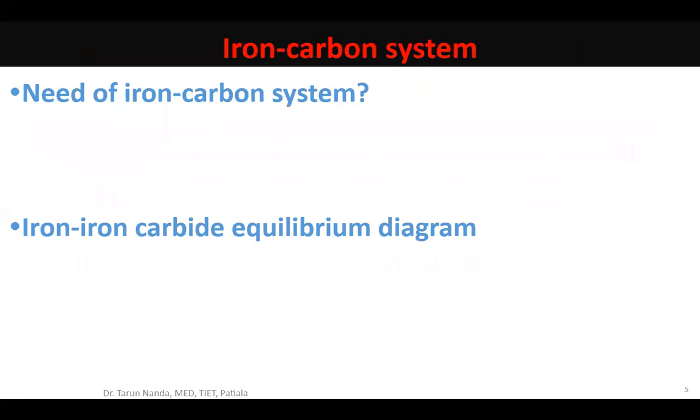Then students, the need of the iron carbon system. That need has already been stated: pure iron as such is not a useful commercial alloy and it must be alloyed. Now, the need of the iron carbon system is that it was observed through research that carbon is the most important alloying element which affects the allotropy, the crystal structure and the properties of pure iron.